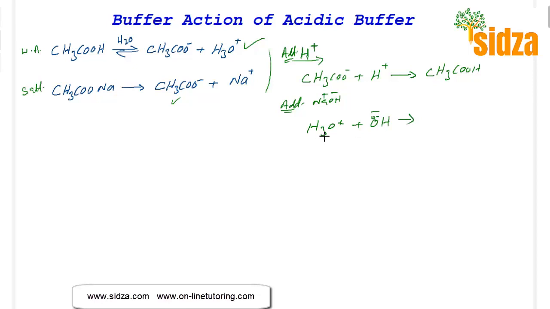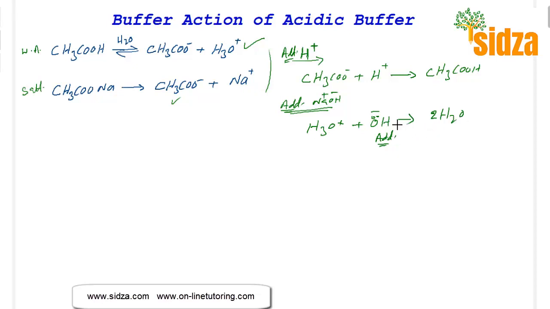The mixture contains H3O+ ions, and the added base will react with the H+ ions and form water. So you can balance it: this is 2 times, the hydroxide ion that has been added, and the H3O+ from equation 1 from the weak acid. So again it forms water.